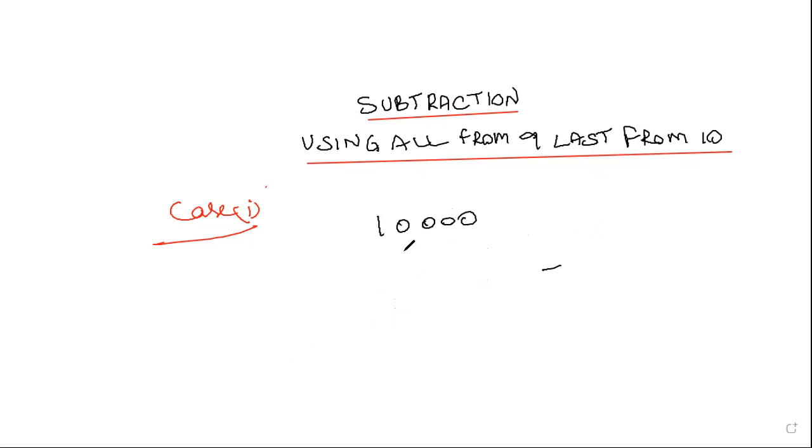10,000 minus 5,678. Subtracting 5,678 from 10,000. Now the 1 is separate. Below the zeros, we have these digits. Apply all from 9, loss from 10. The last digit you subtract from 10, and the remaining from 9.